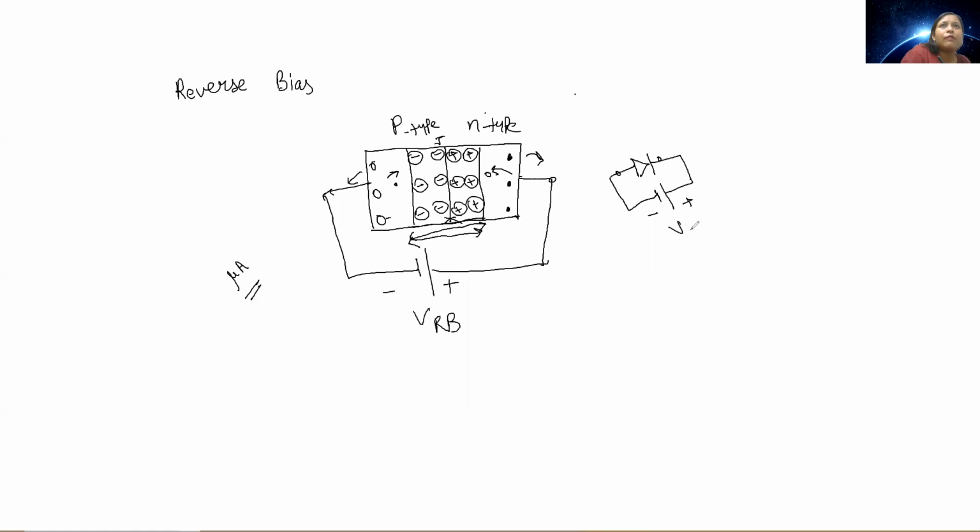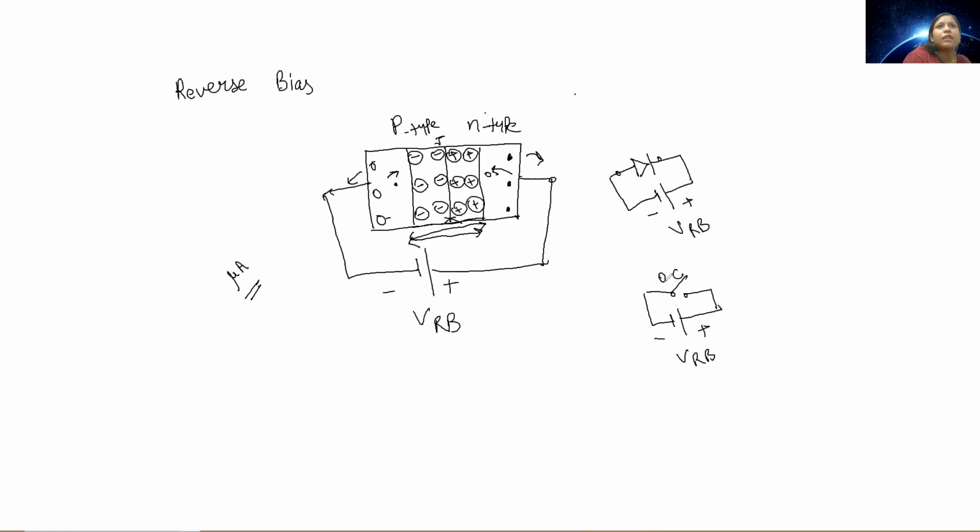This is called V reverse bias, and in this case, no current flows. The device behaves as an off switch. The off switch is nothing but the open switch.